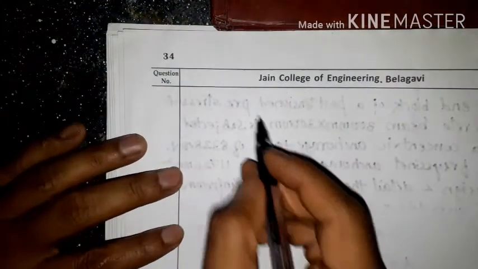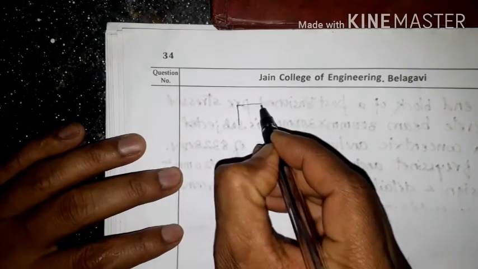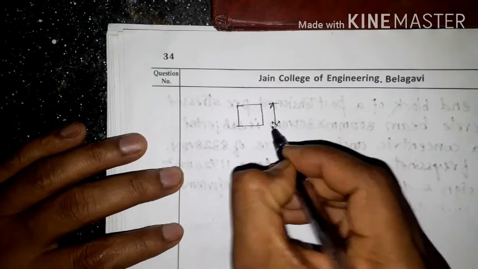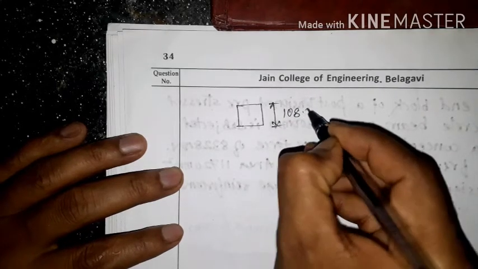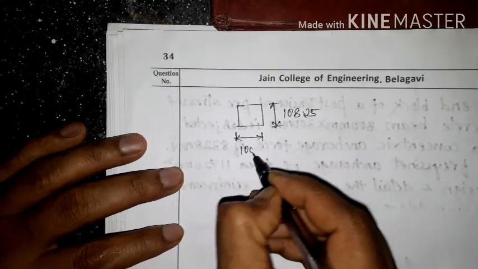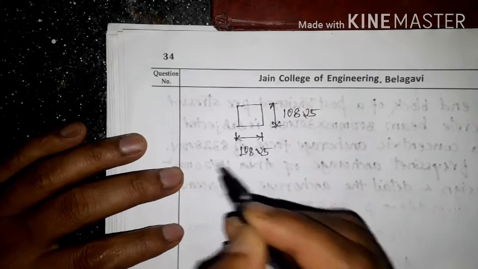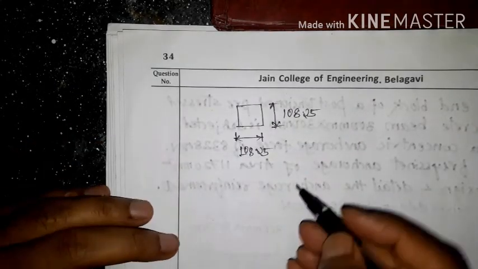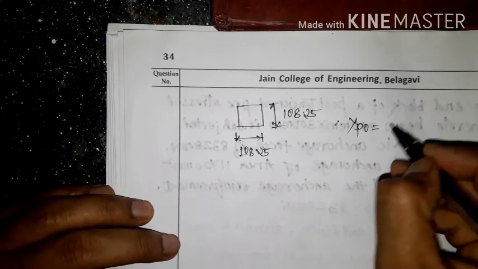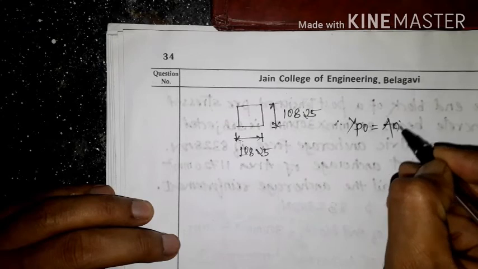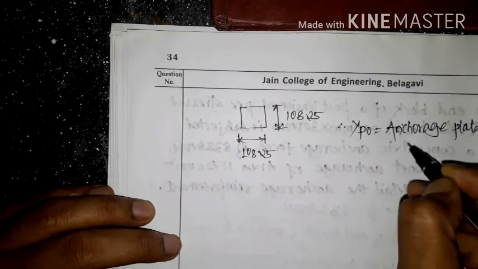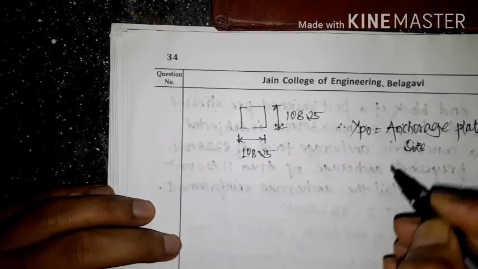So I'll just redraw here. It is a square plate, a plate of size 108.25 by 108.25. So it is nothing but the anchorage plate size.